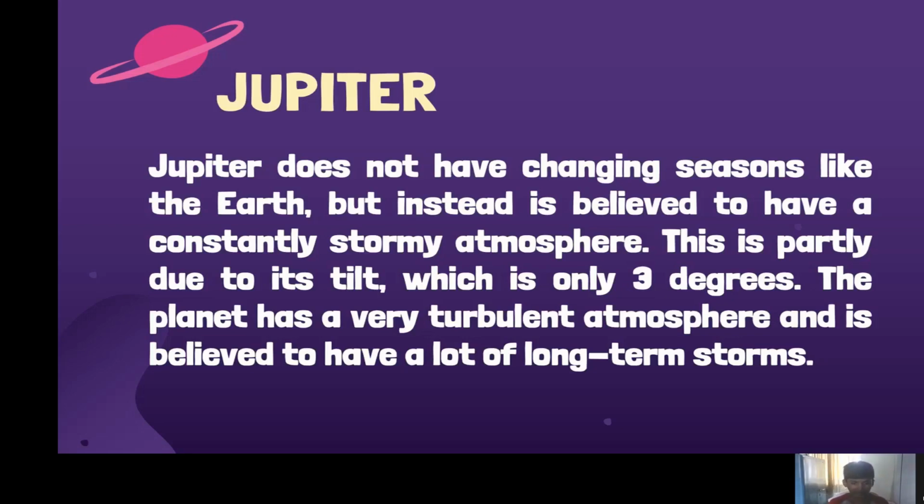This is partly due to its tilt, which is only 3 degrees. The planet has a very troubled atmosphere and it is believed to have a lot of long-term storms.